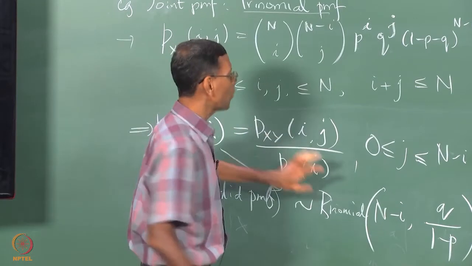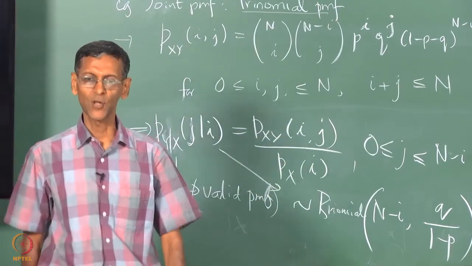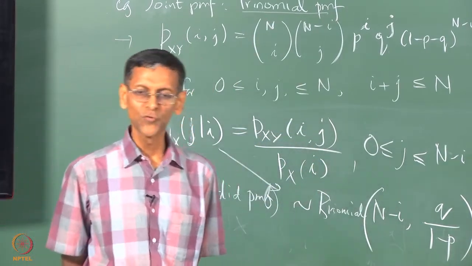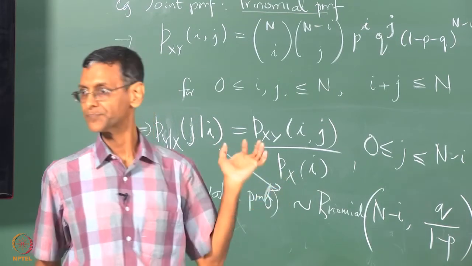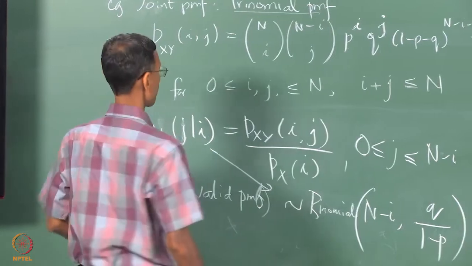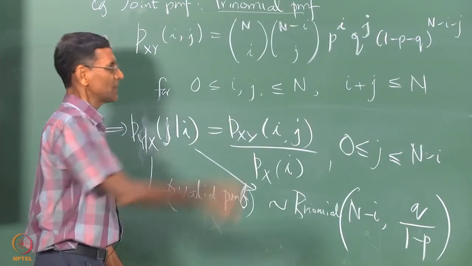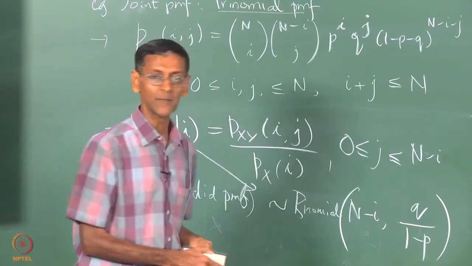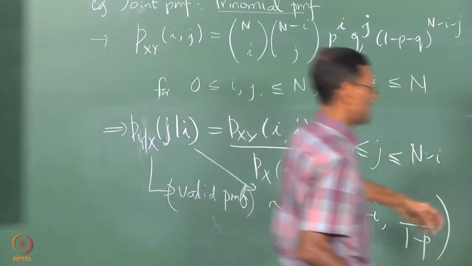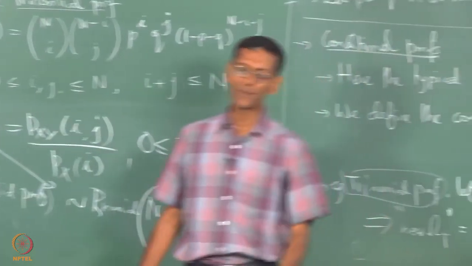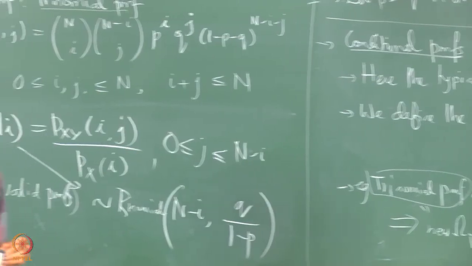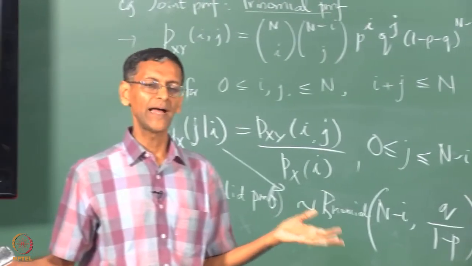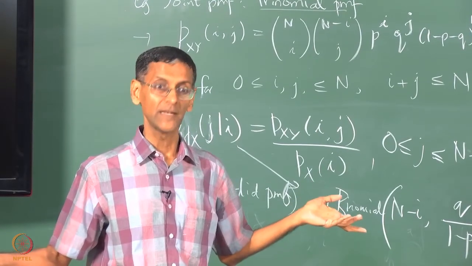So just to point out how this trinomial example is so useful in conveying all these concepts, that is why we take it up in some detail. Of course, the concept is far more general, and that is also very important. These conditional PMFs or conditional PDFs will keep coming up a lot in probability, because it says, given that, for example, the height is something, what is the distribution of the weight?